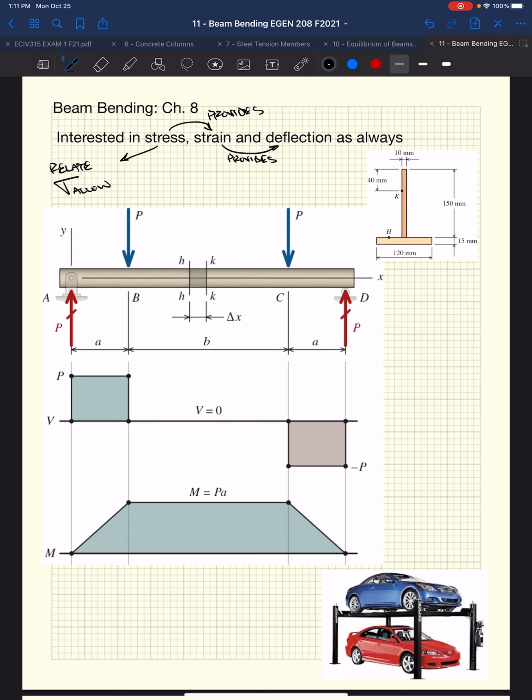The definition of strain is the change in length over the original length, right? And using all three of those relationships, knowing stress, knowing strain, knowing Hooke's law, we then figured out some force deformation relationships, right?